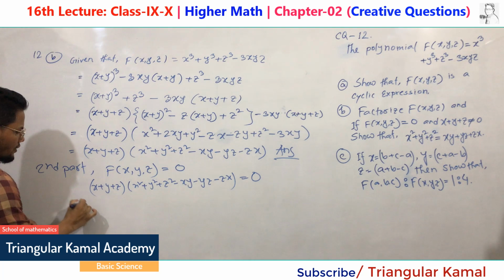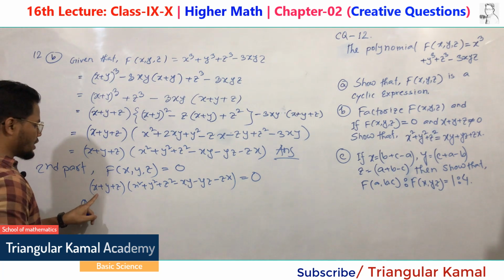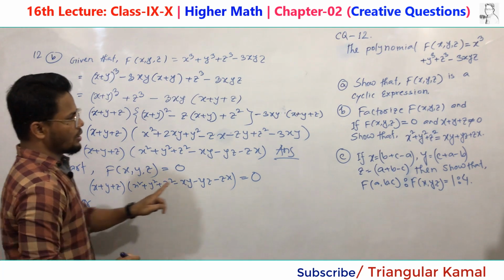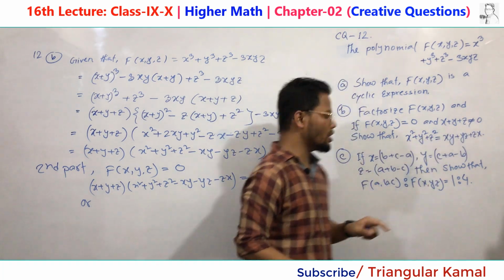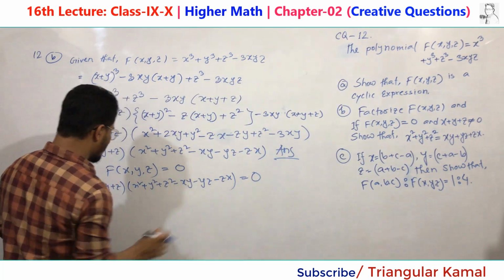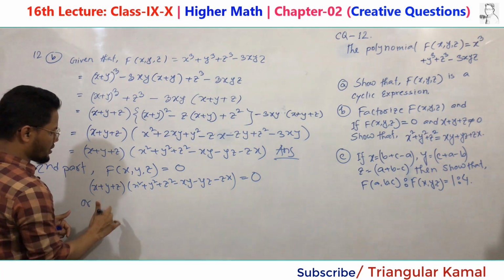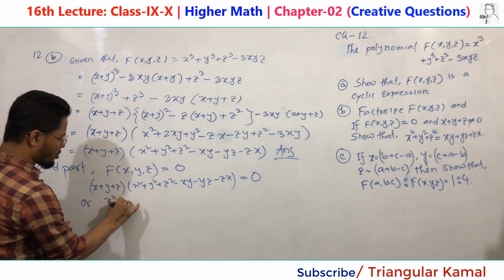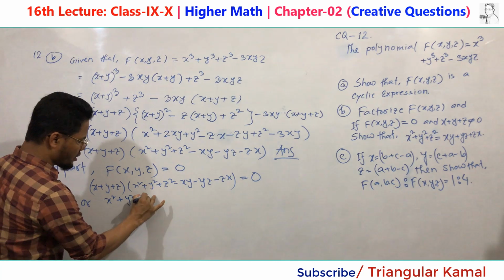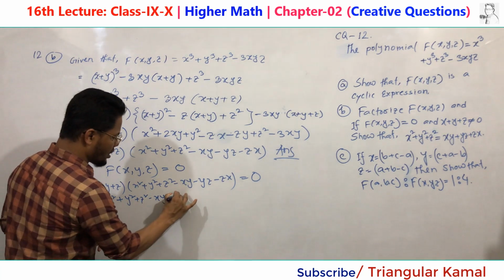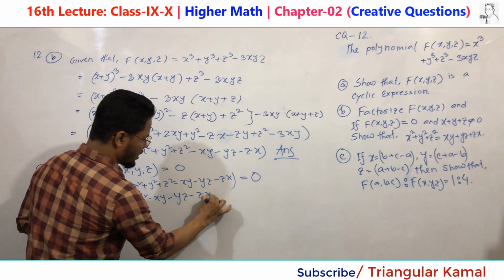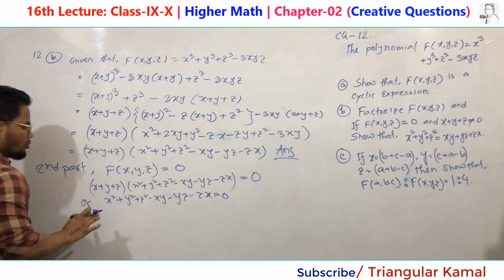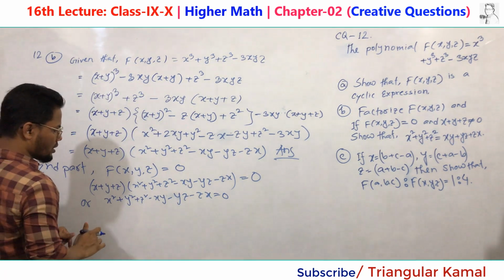So you can divide both sides by x plus y plus z, because the information is x plus y plus z not equal to 0. So remaining part is x square plus y square plus z square minus xy minus yz minus zx equals 0, dividing both sides with x plus y plus z.